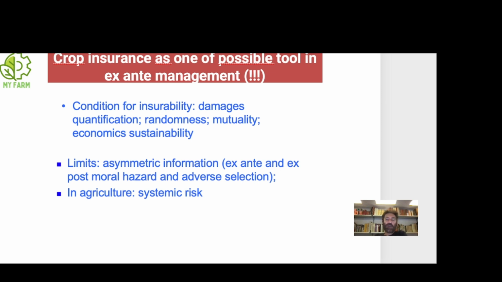In very, very short and intuitive terms, adverse selection arises when it is difficult for the insurance to ascertain, identify the actual degree of risk exposure of the potential insured, in our case, the farmers. And the premiums cannot be customized at individual levels. Moral hazard, by contrast, refers to the situation where the presence of the insurance may induce hidden action on the part of the insured, who could have the incentive to lower its operating cost at the risk of increasing either the probability or the extent of the damages once the insurance contract is in place.